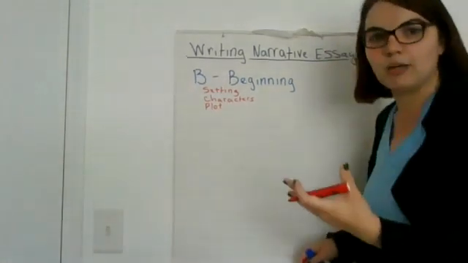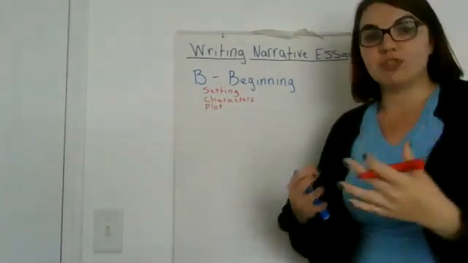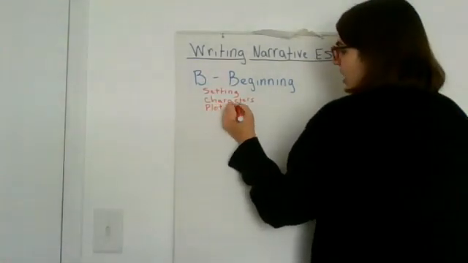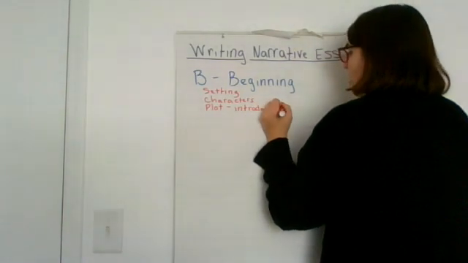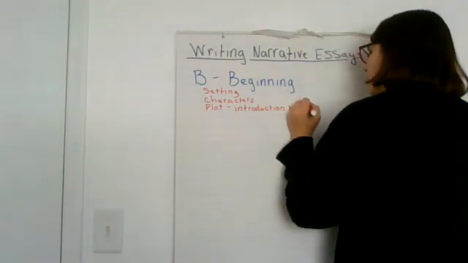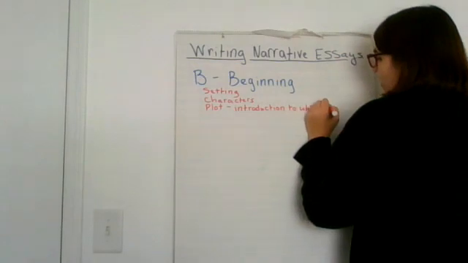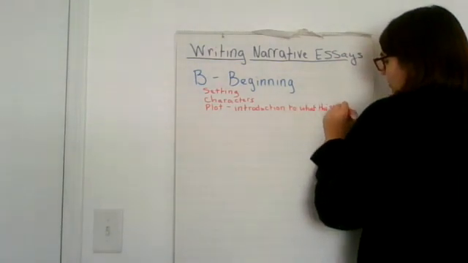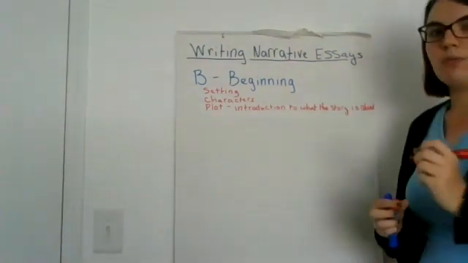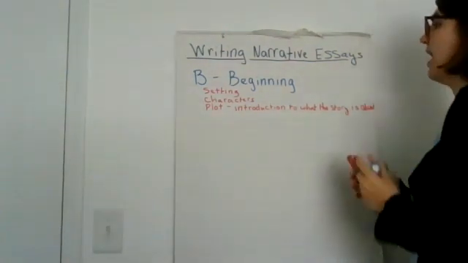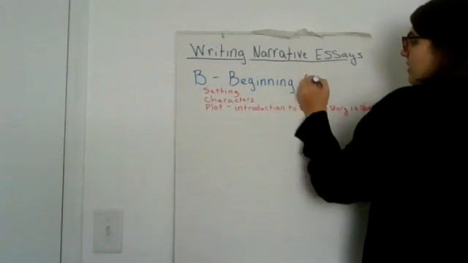Just obviously not the entire plot in the first paragraph, but introduce our plot, okay? Introduction to what the story is about. All right, so the B paragraph, like I said, will be about 5 to 7 sentences.